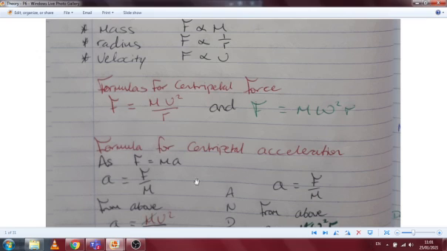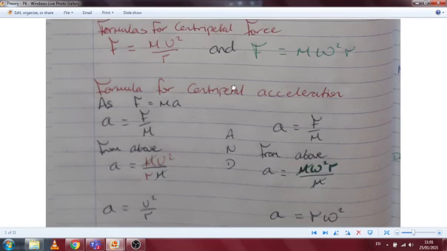So I've worked with this one on the left and this one on the right. As F equals ma, which we've accepted as a law in science, one of Newton's laws, acceleration is equal to F over m. From the above, we can substitute F out, so F becomes mv squared over r.